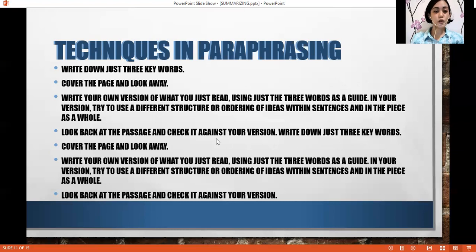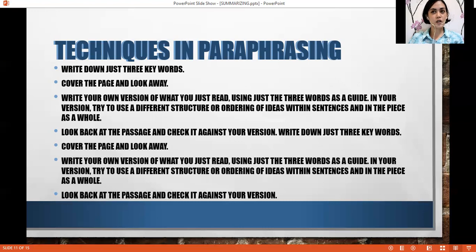Next, write your own version of what you just read using just the 3 words as a guide. And in your version, try to use different structure or ordering of ideas within sentences and in the piece as a whole. So it says here, use a different structure. If the statement started with a subject, like, it is important to go to school as teenagers.